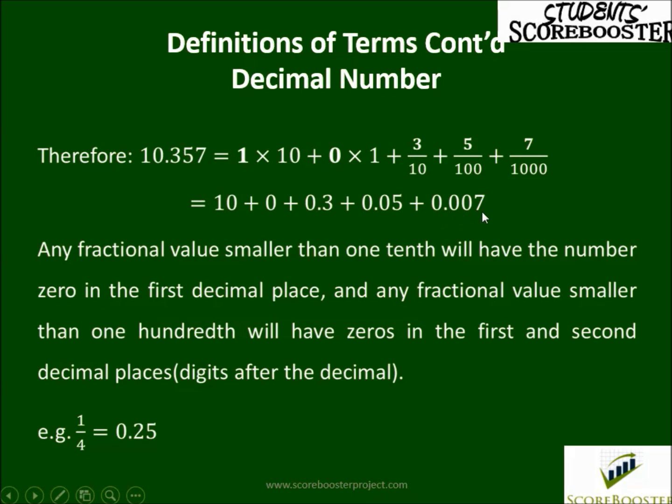As a result, you have 0 in the first decimal place and 0 in the second decimal place before you have 7. Now 1 over 4 is 0.25. So 1 over 4 is greater than 0.1. Can you see the first decimal place, you have 2, and 0.25 is greater than 0.1.